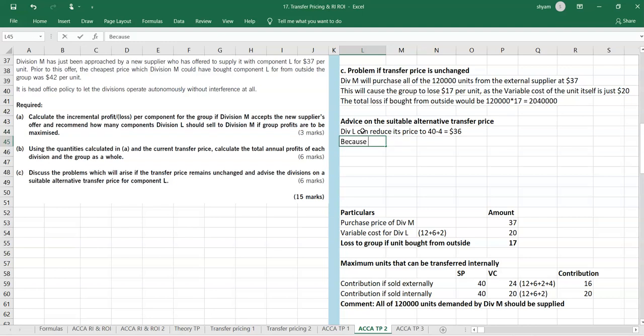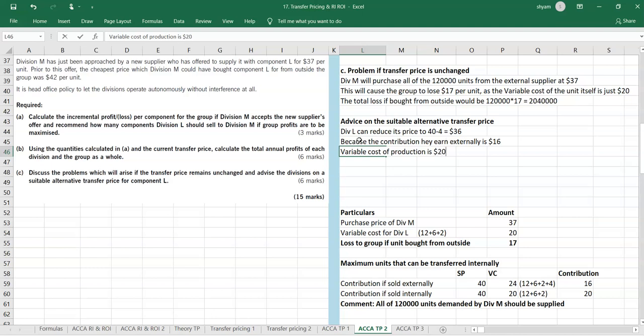The contribution they earn externally is 16, and the variable cost of production is $20.